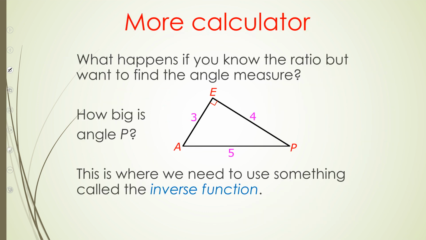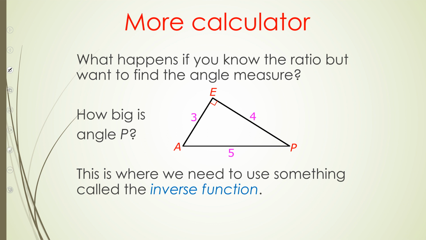Four minutes. All right. Now, I'm going to stop here because there's a whole other part of trig we haven't covered yet, and that is, how do we get the angle measures? So we had this triangle APE, aardvark, puma, elephant earlier, and we worked with the ratios. Everything was peachy keen, but I'd like to know how big angle P is.